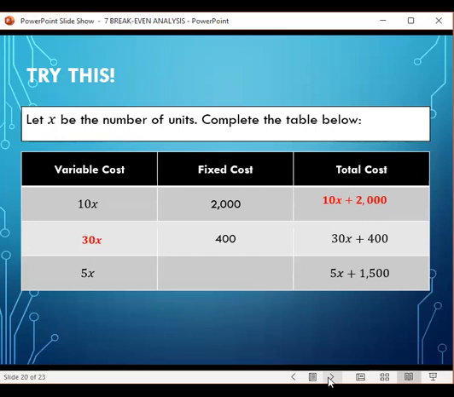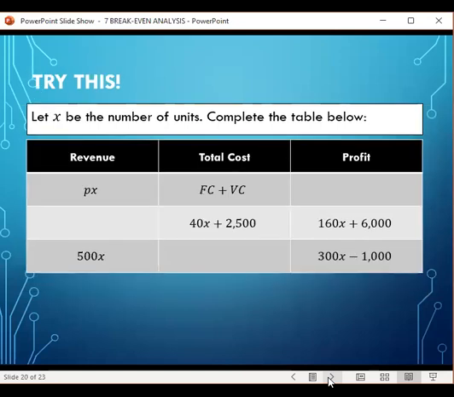Lastly, what is the fixed cost? Okay, very good. The fixed cost is 1,500 pesos. Okay, next.